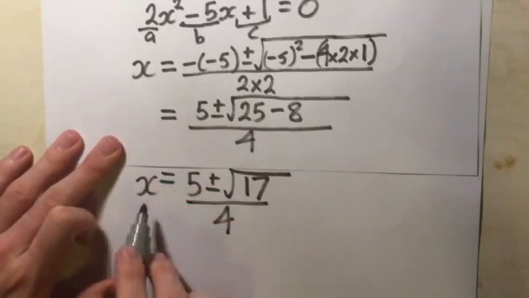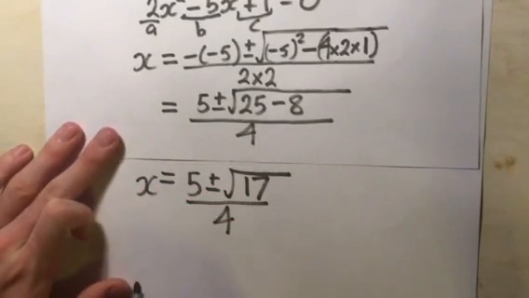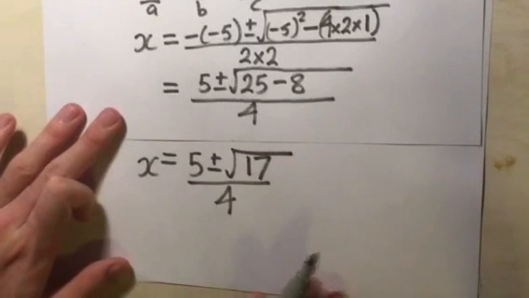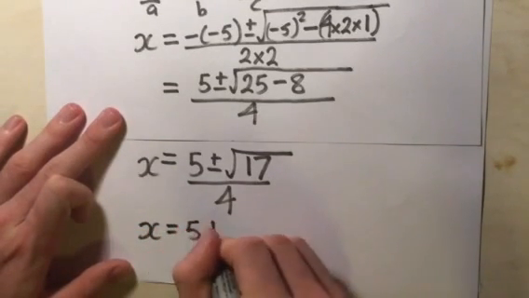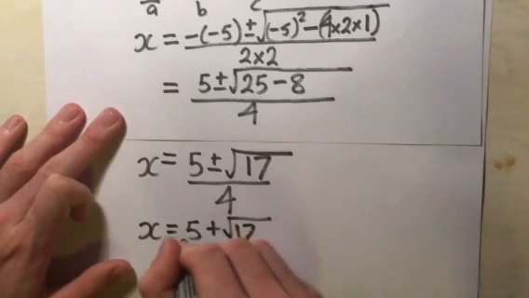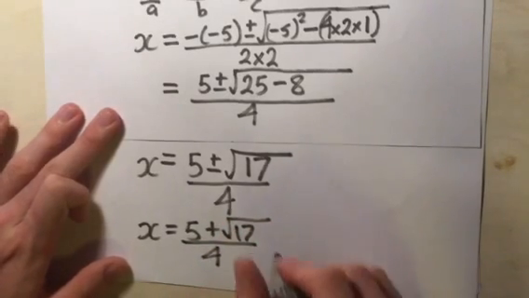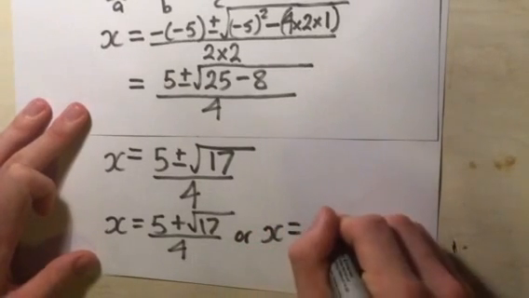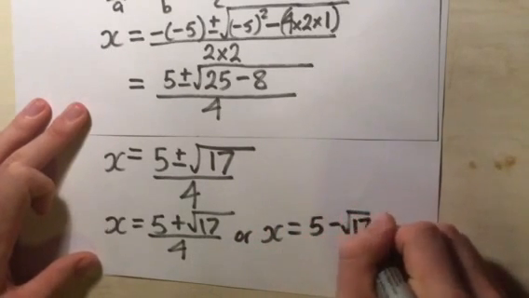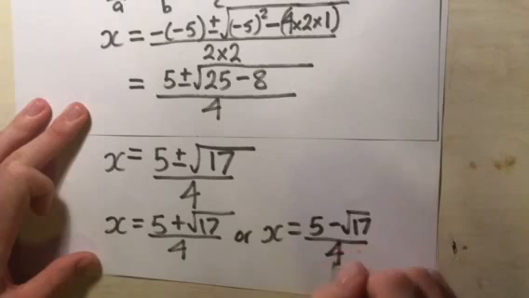So that is what our x equals. In other words, the x has two answers. x equals 5 plus root 17 over 4, or x equals 5 minus root 17 over 4.